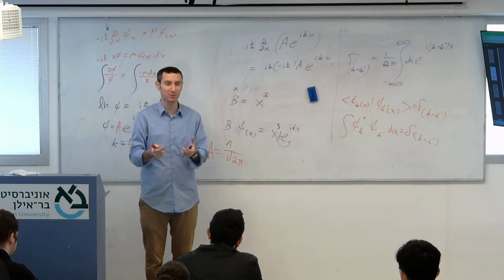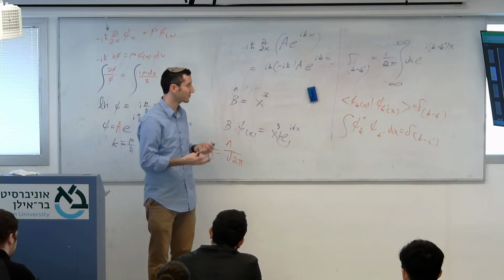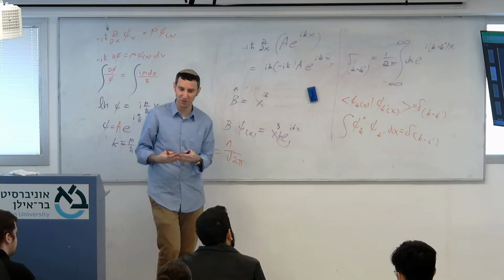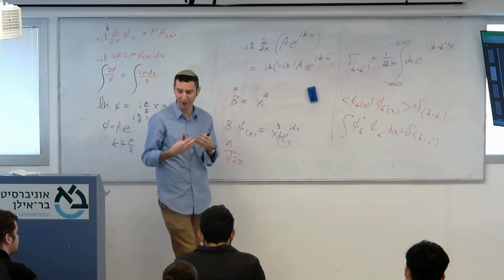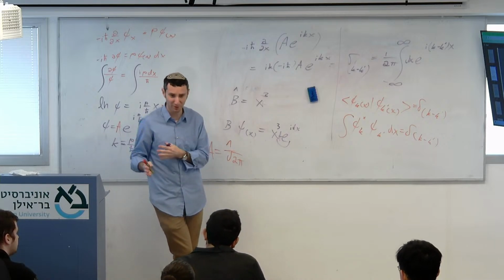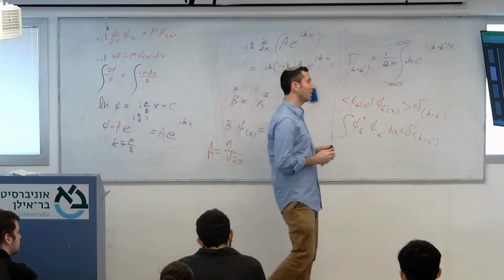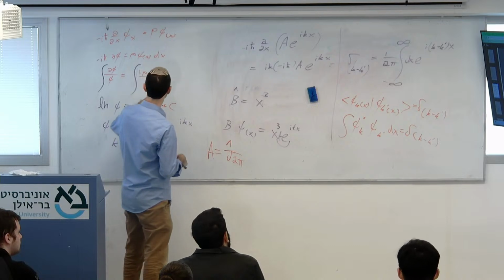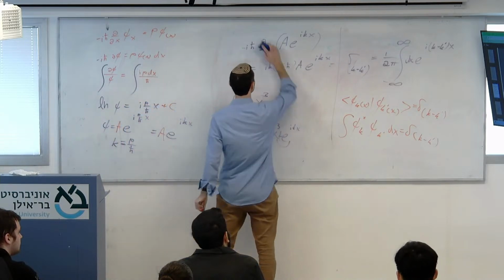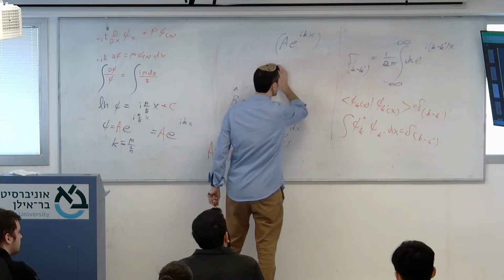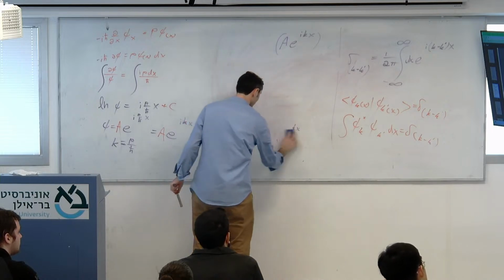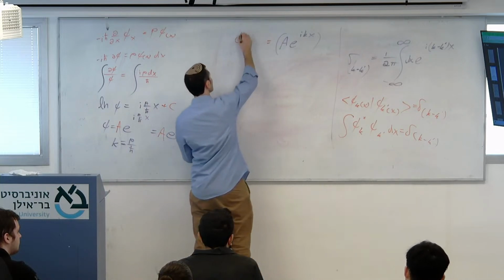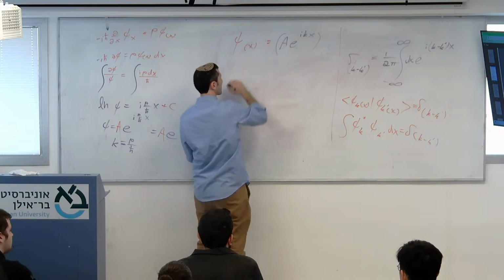So doing this, I presented to you the momentum operator, and we saw the eigenfunction. We saw functions that if the momentum operator acts on them, we get the same function times the momentum. Now, this here was phi of x, a function of x.